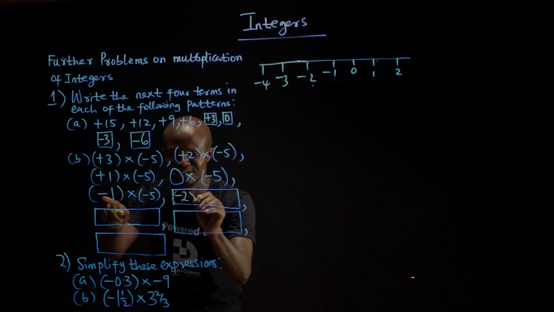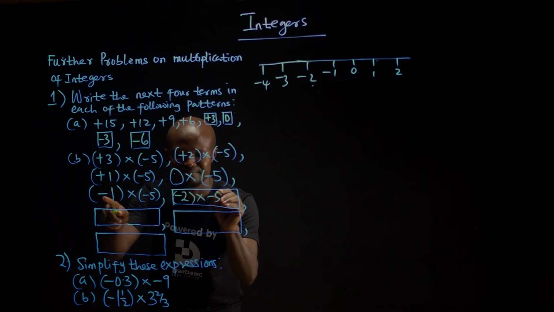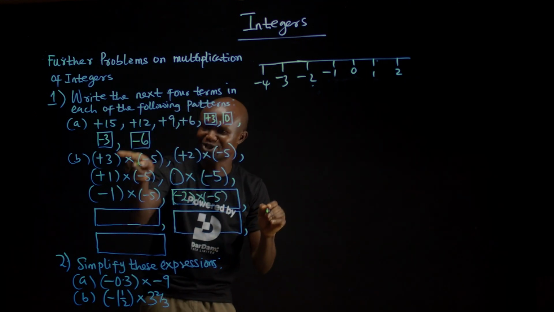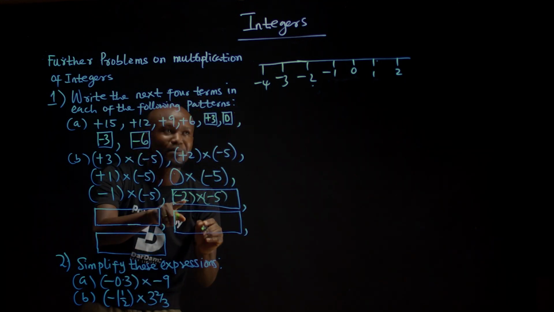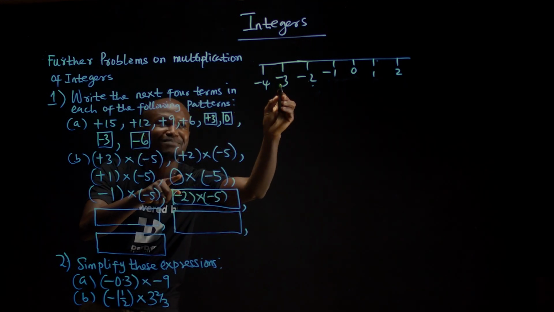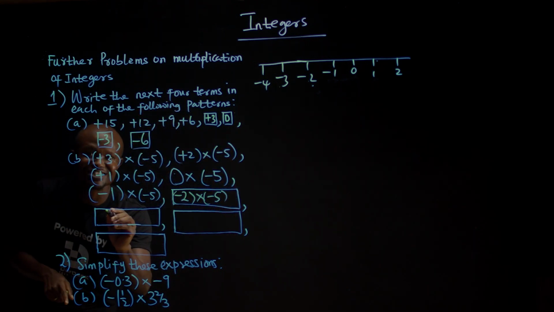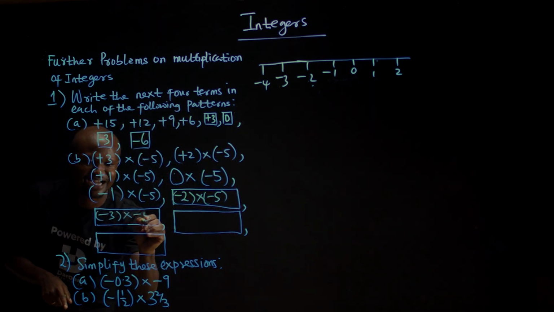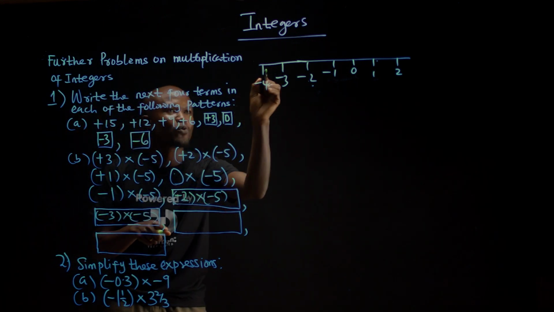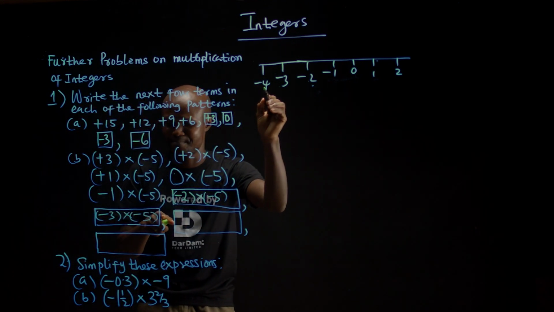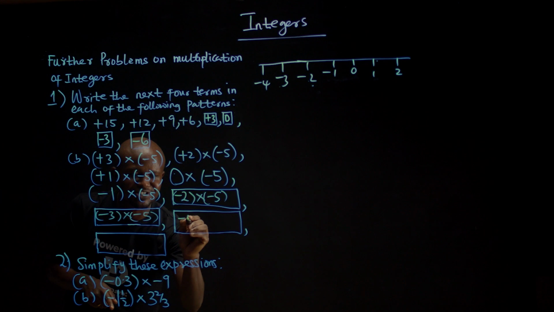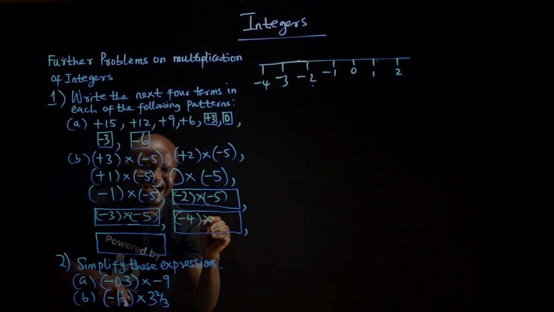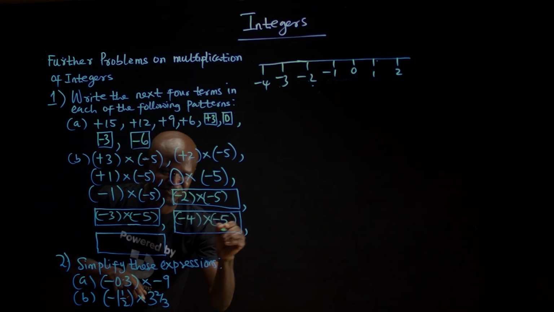So this will give us minus 2 times minus 5, because minus 5 is common. Before minus 2, we have minus 3, so this will give us minus 3 times minus 5. When you move again, we have minus 4, so minus 4 times minus 5.